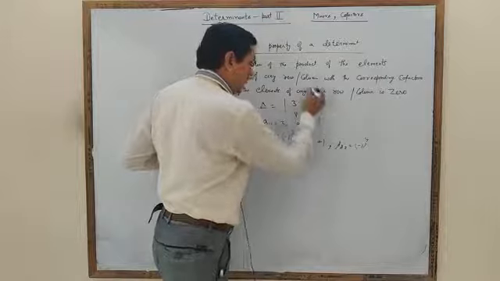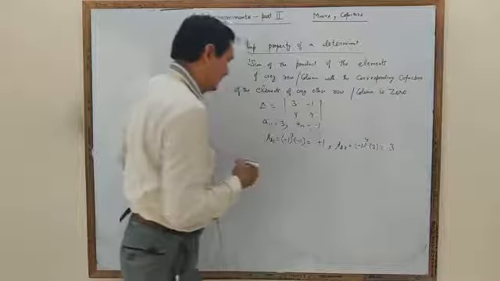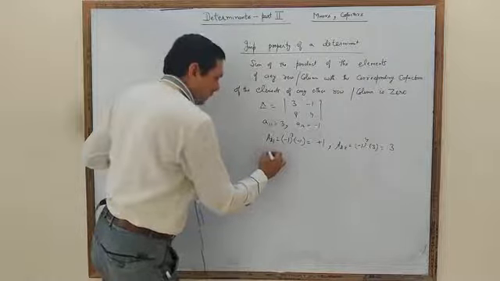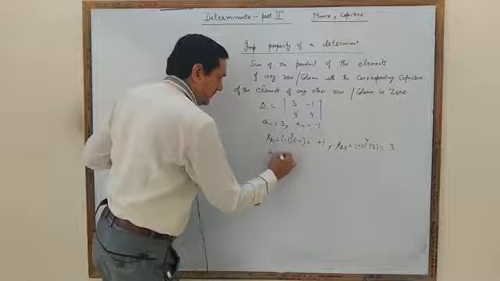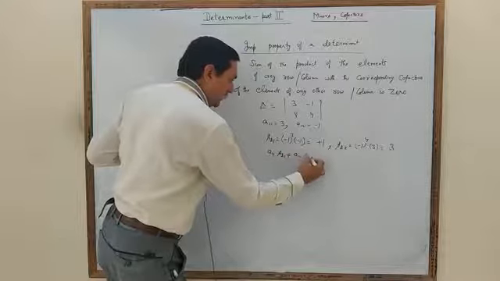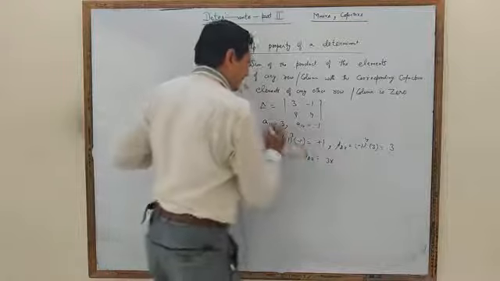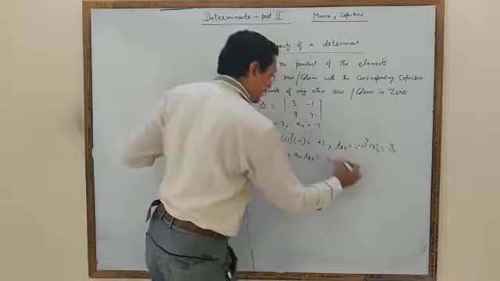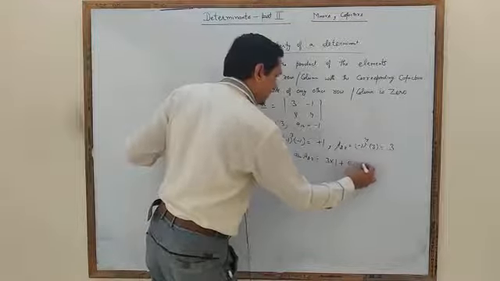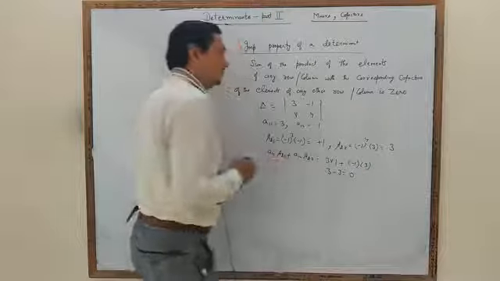Delete second row, second column, 3, which is plus 3. Now a11 multiplied by A21 plus a12 multiplied by A22: 3 multiplied by 1 plus -1 multiplied by 3. 3 minus 3, which is 0.